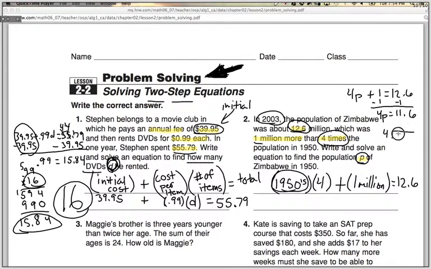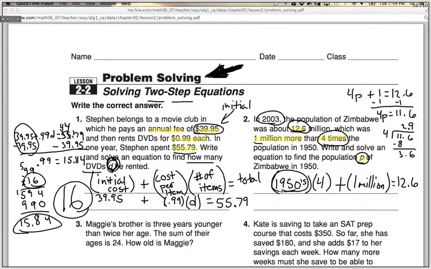4 going into 11.6. 4 goes into 11 twice. That's 8. Do a subtraction here. We'll have 3.6. 4 goes into 36 9 times. So that's 2.9.